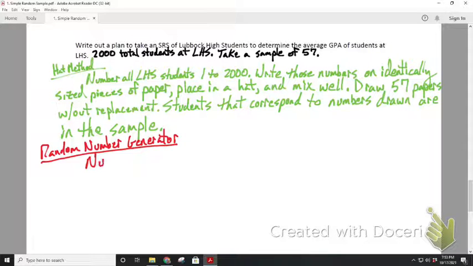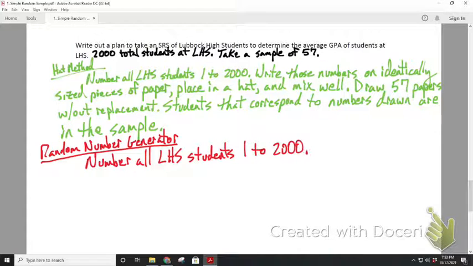Number all LHS students one to 2,000. And this sampling frame is even more important with this random number generator because if you've ever used the random number generator on the calculator, you have to type a min and a max, like what's your sampling frame you're choosing from.